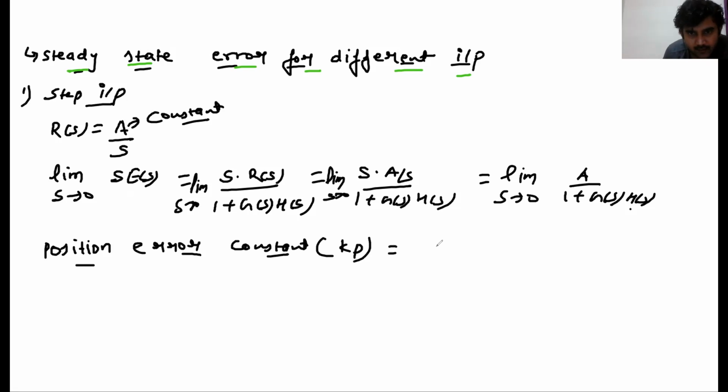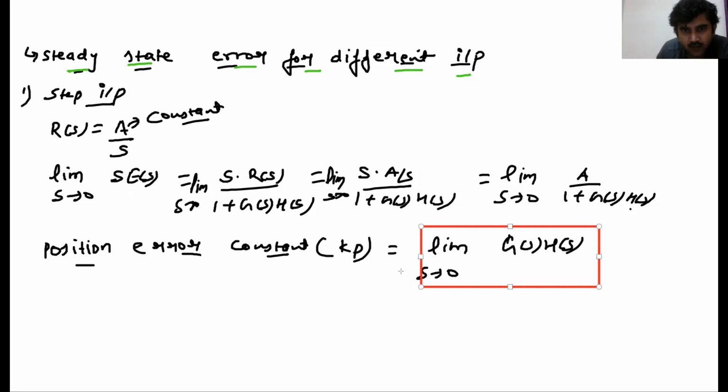This is given by limit s tends to 0, G(s)H(s). This is your position error constant.